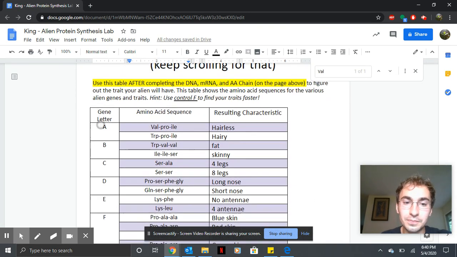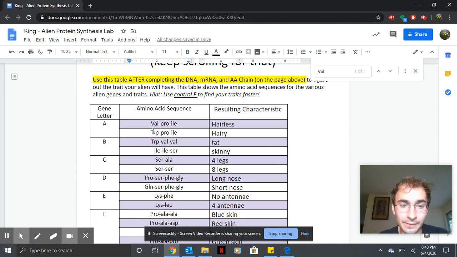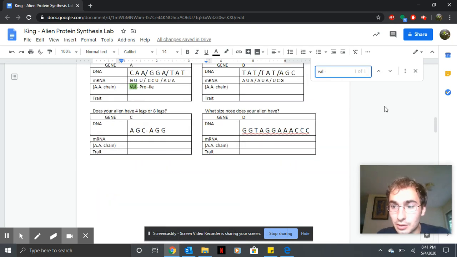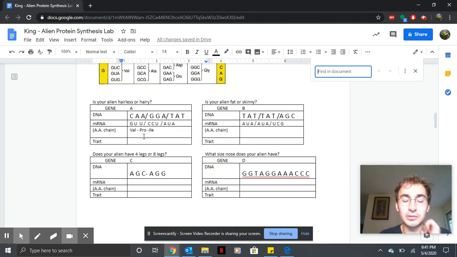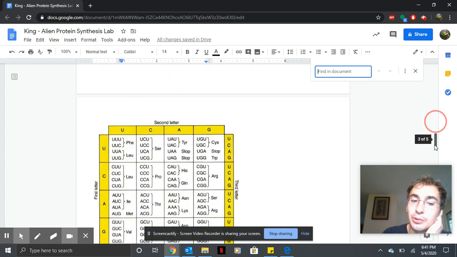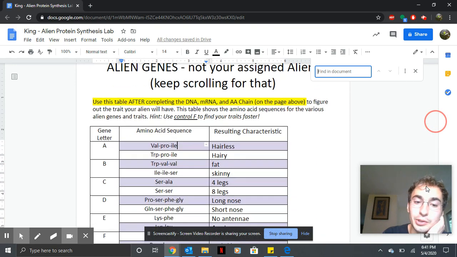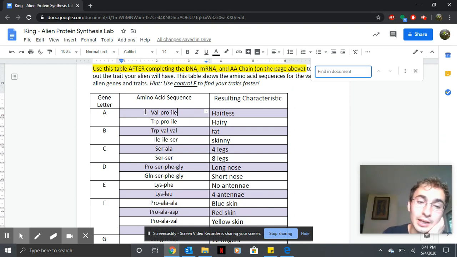I was trying to search val here, but I couldn't because it doesn't always work. Control F is a little funky. So valproil, you're looking for valproil in your traits to figure out what they have. And I got lucky. Valproil is in the very top.